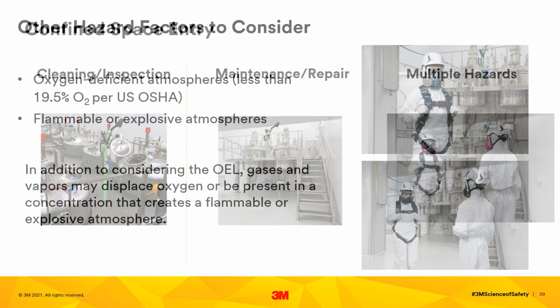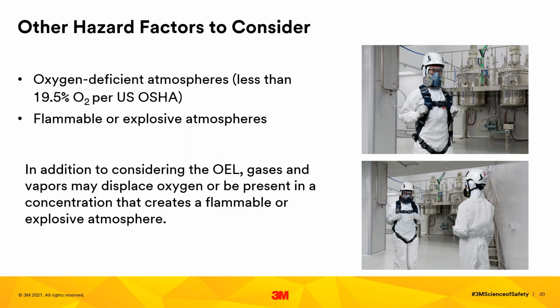Okay, next slide. And don't forget, with confined space, you have the hazards of oxygen deficiency potential and flammable or explosive atmospheres. So pharma tends to use a lot of flammable chemistries, flammable solvents, and there could certainly be opportunities where you have to be careful about flammable and explosive atmospheres in confined spaces or elsewhere.